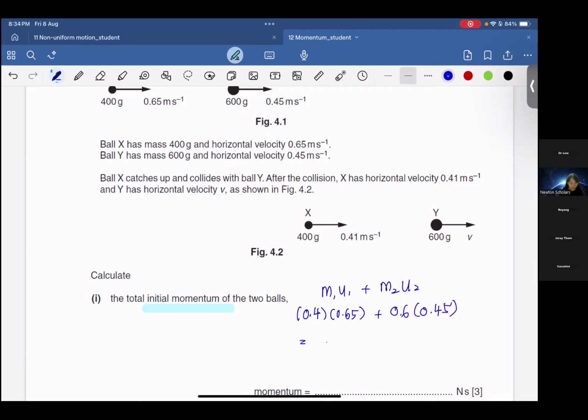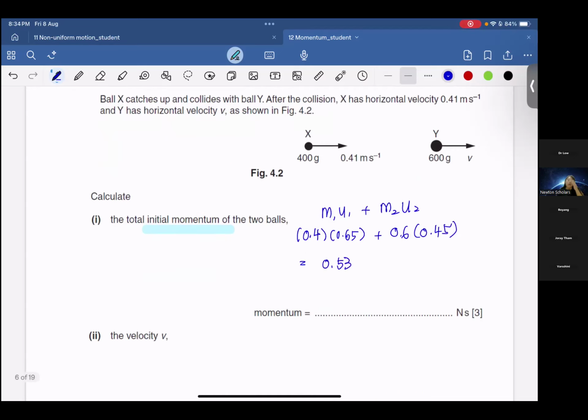Your answer here should be 0.53. They have two units: Newton second, or it can be 0.53 kg meter per second. They are the same.